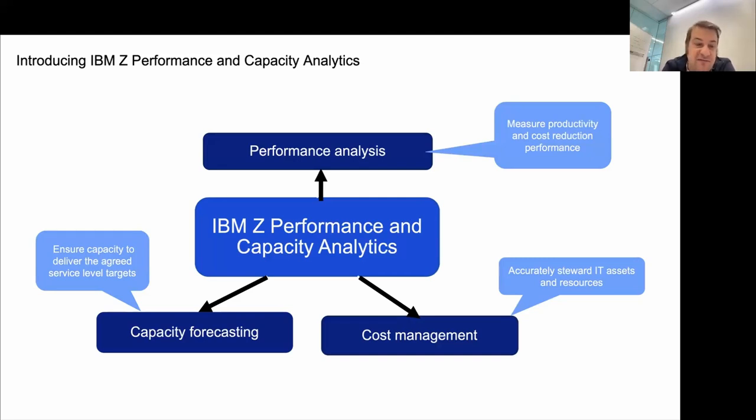Ensure you have the capacity to deliver the SLA goals, and when that changes, that you are able to identify that early, and also for aspects such as cost management. So maybe you have a chargeback or showback policy to consumers within your organization or to other customers, but making sure that you're making best use of the assets under your control.